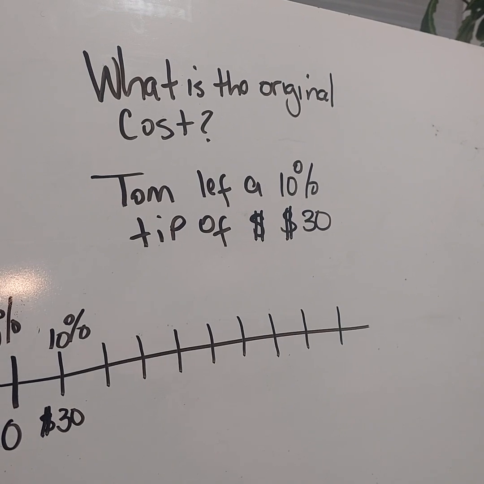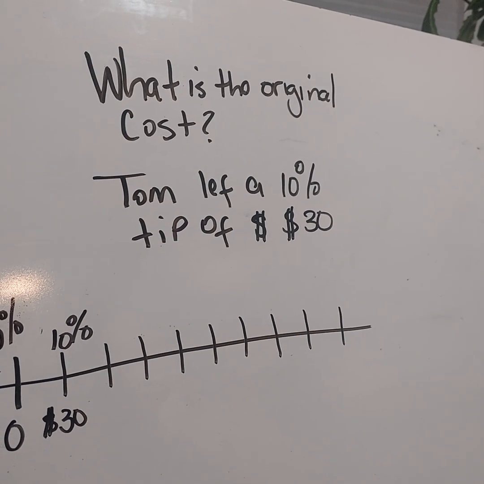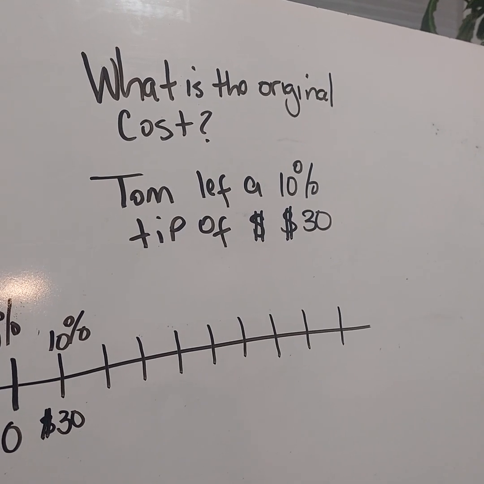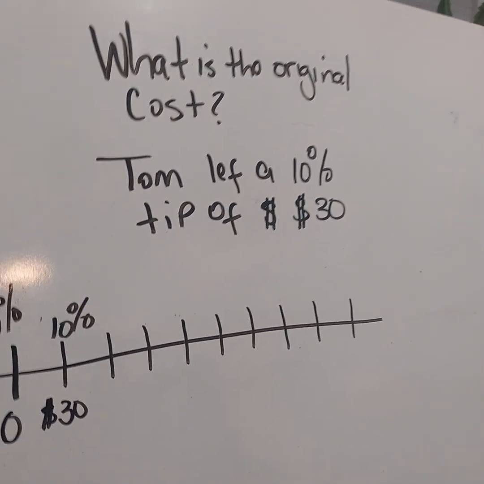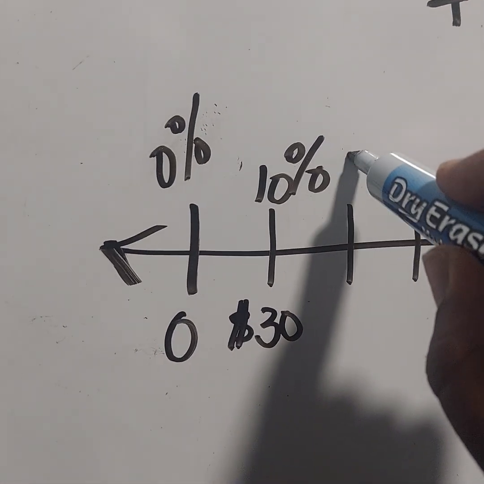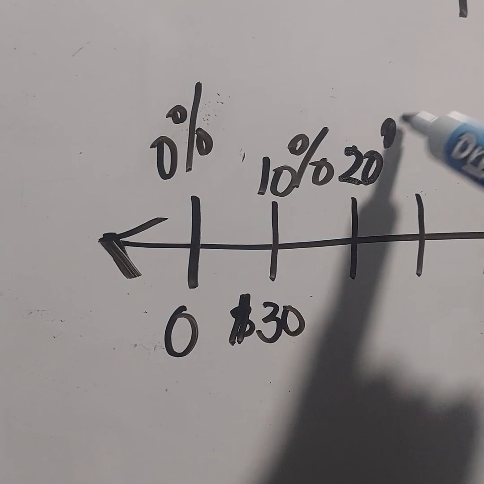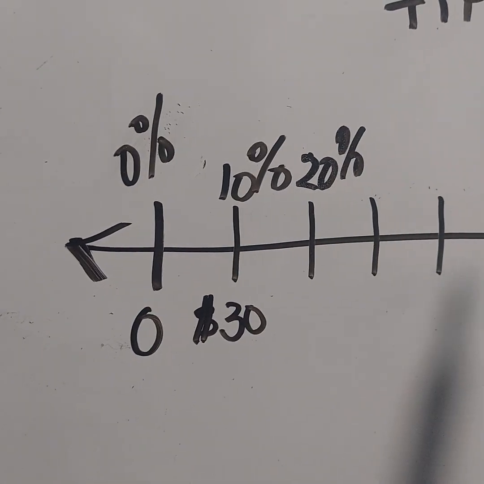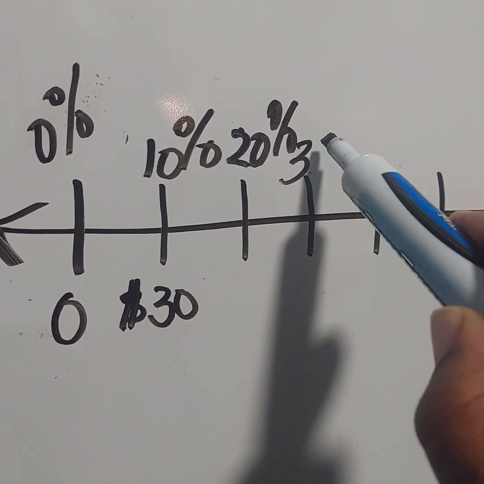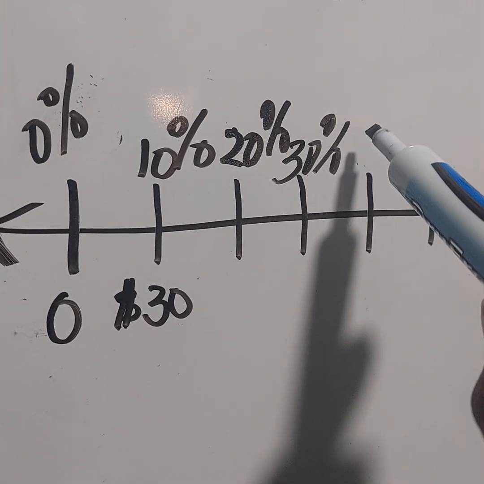So if I have 10%, I need 10 equal parts in order to represent a pattern to get to 100. So I'm going to list the rest of my percents. I'm going to put 20% here. These are my multiples of 1, right? 1, 2, the next one should be 3. I'm going to put a 30, but I just want you to see a pattern.